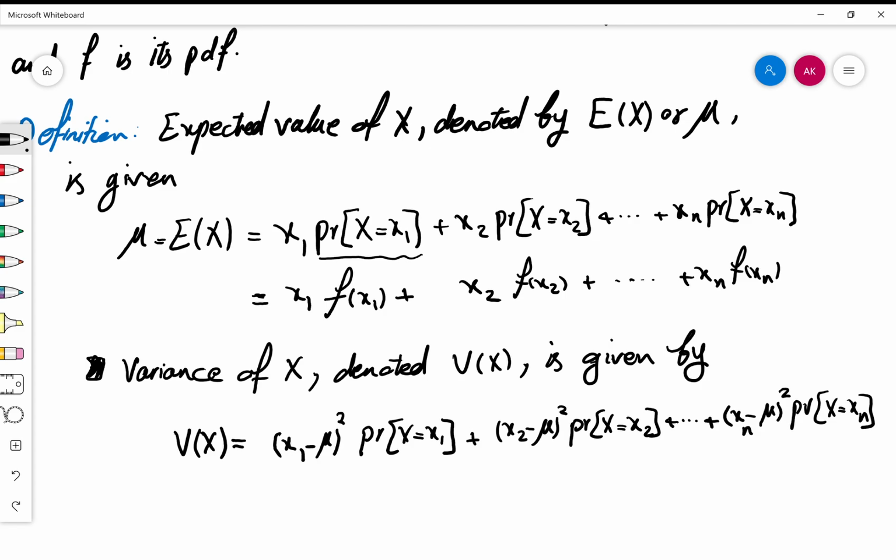You multiply these numbers by their probability and then you add them.